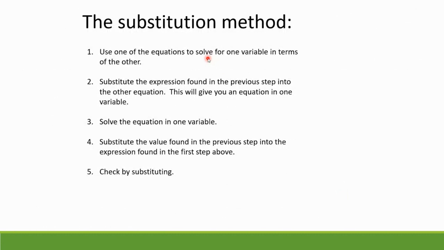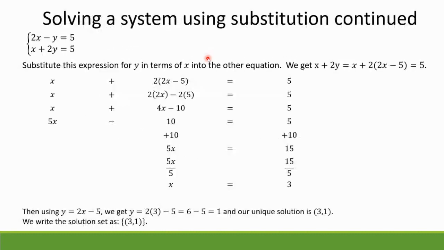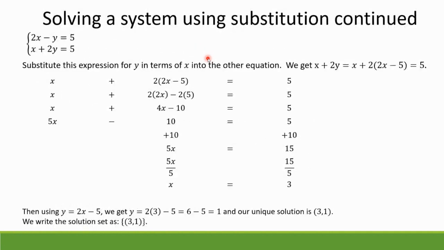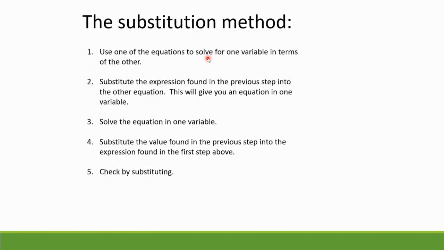You're going to substitute that expression into the other equation. That's what we did, right? Once we got y in terms of x here, in the second, what we did next was we took that y and put it in for the second equation. What will happen is you'll end up with an equation in only one variable.